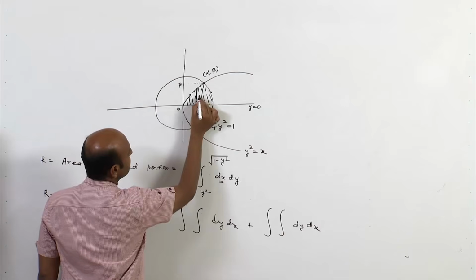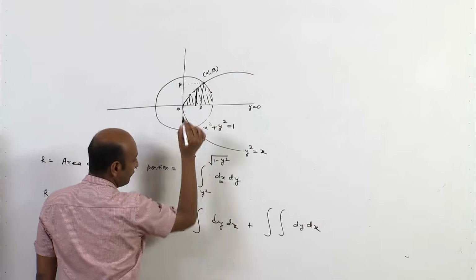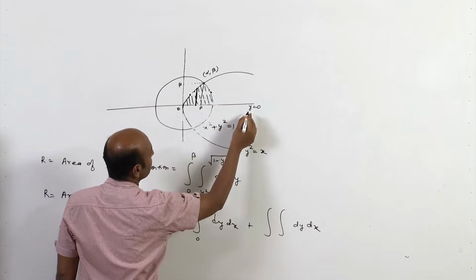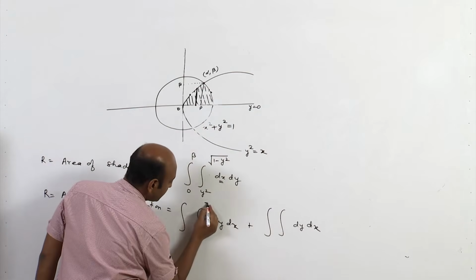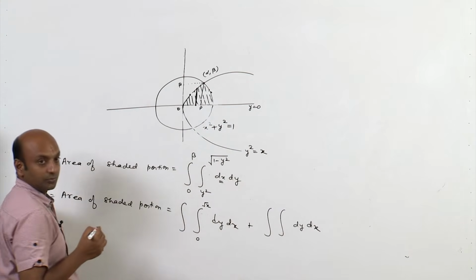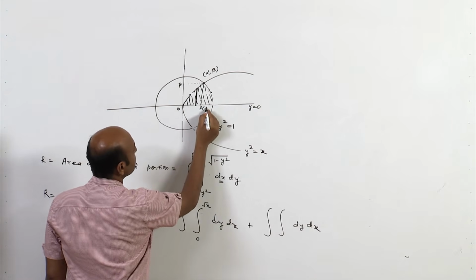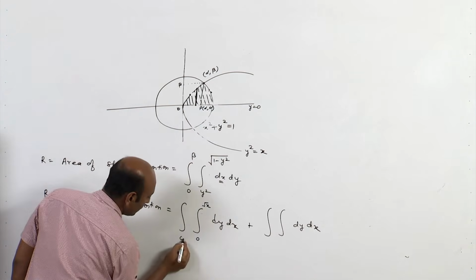The first region is this, where y is varying from 0 to this point. Here, for this curve, y is under root x, and x is varying from 0 to alpha.